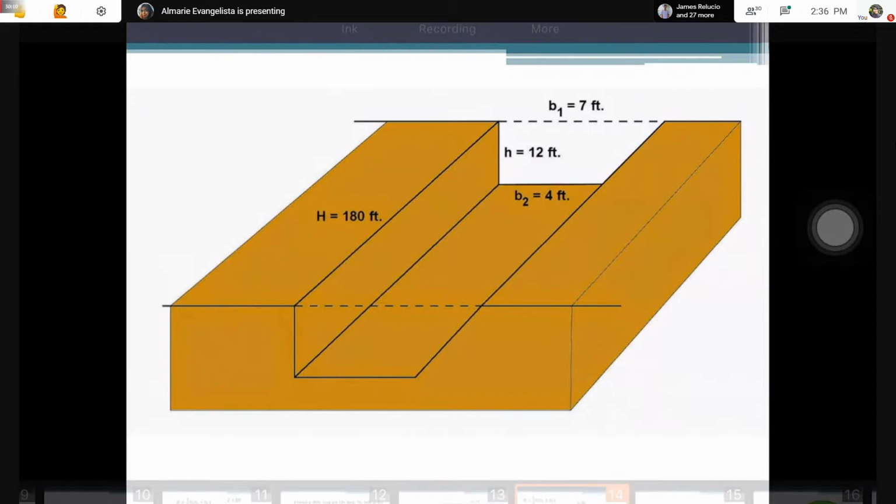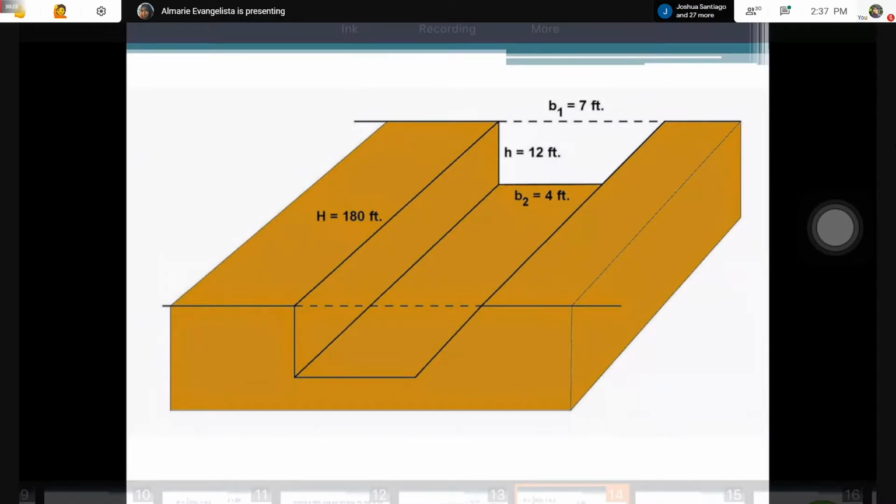So, given naman na yung height ng trapezoid, which is 12 feet, and given na din yung base 1 tsaka base 2. So, 1/2 times 12 feet times 11 feet is equals to 66 square feet.